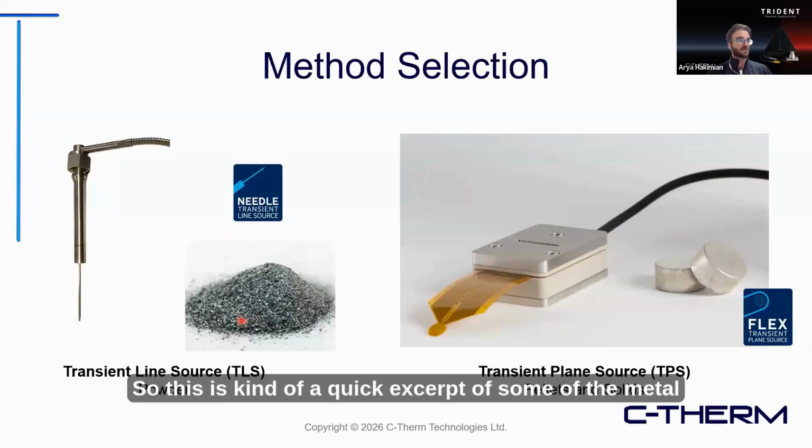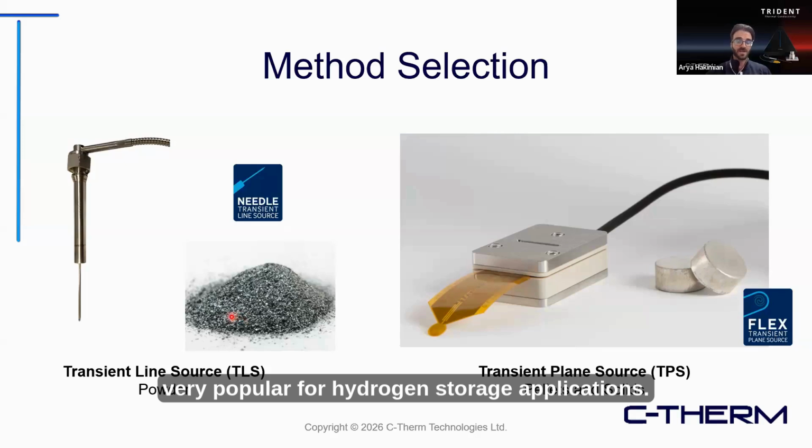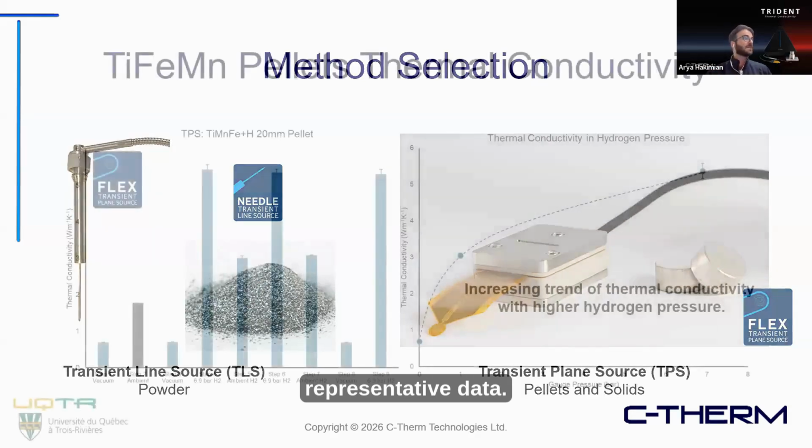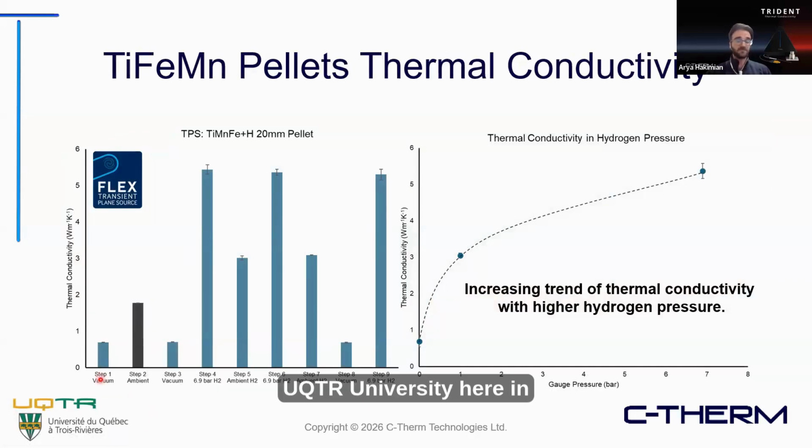This is a quick excerpt of some of the metal hydrides work that we've done. Metal hydrides are very popular for hydrogen storage applications, but testing either the powder or the pelletized metal hydride under hydrogen conditions is going to be really important to get that representative data. Here we're sharing some data that was collected with UQTR University here in Quebec, Canada.